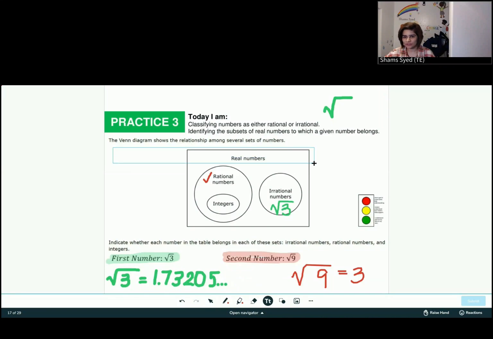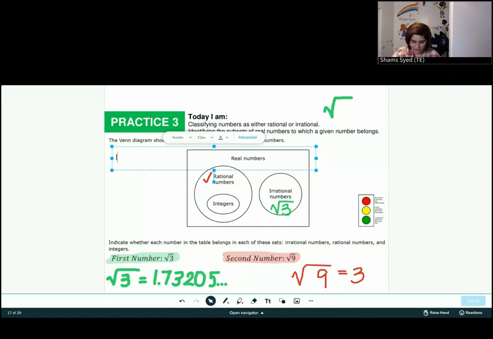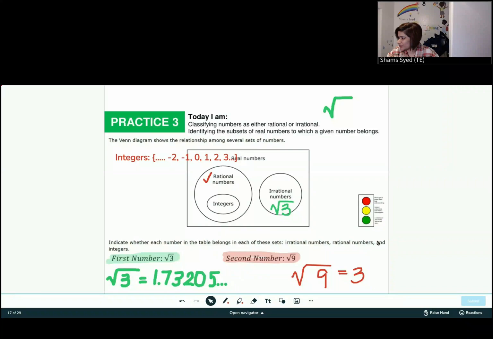Let me tell you what are integers. And I'm going to remind you. Integers are whole numbers and their opposites. So these are all integers. Okay, whole numbers and their opposites. So can we say that square root of 9 is also an integer?